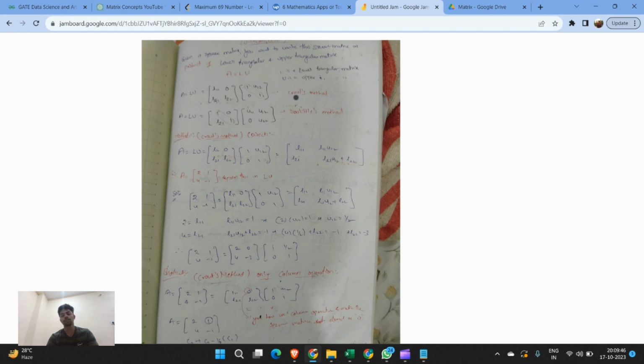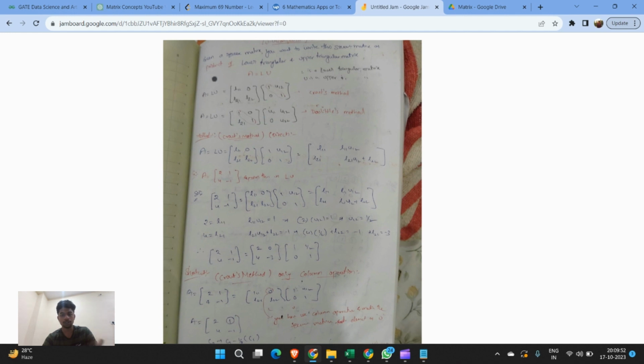These are the two ways, Crout's method and Doolittle's method. This is the simple formula. You have to remember, just by the name itself, L means lower triangular, U means upper triangular. The elements above the diagonal are obviously zero, so you put that.